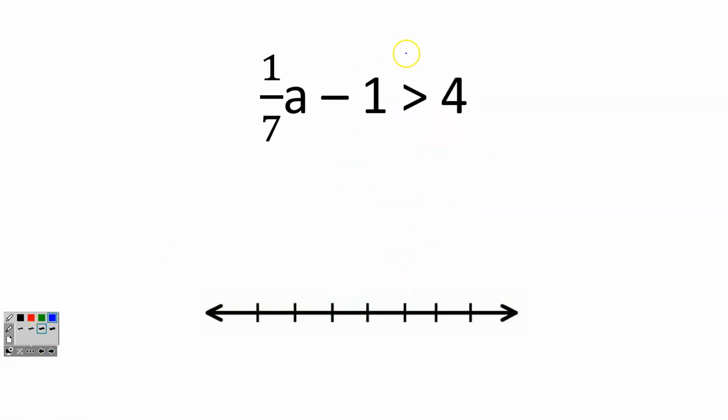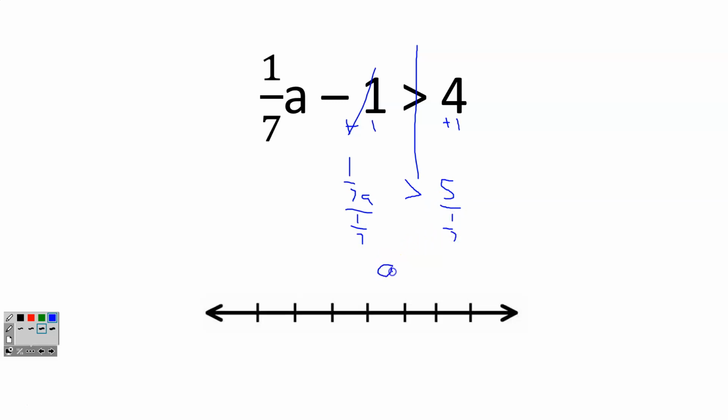This type of problem, draw a fence. We get rid of the term that does not have a variable first. That gives me 1/7 a is greater than 5. Now that 1/7 and that a, remember, those are connected by multiplication. So the opposite is to divide both sides by 1/7.